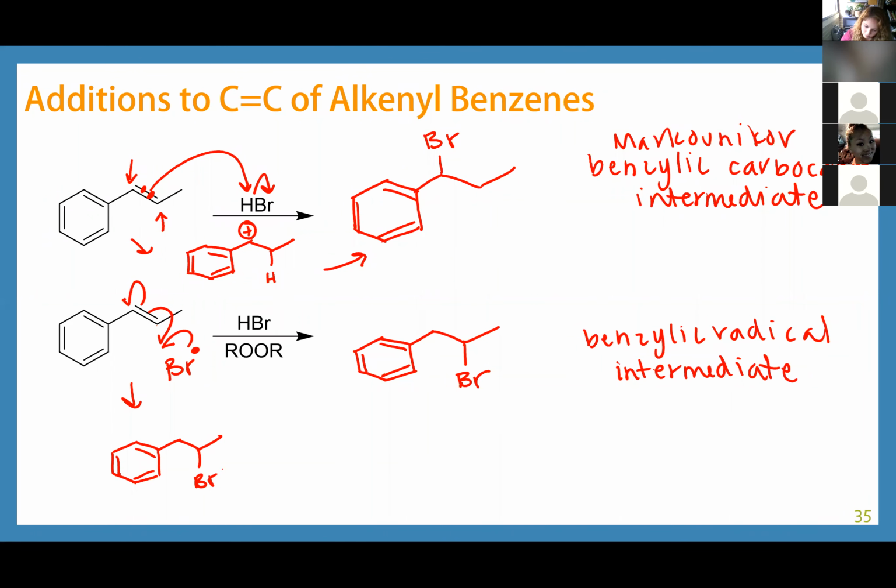So we end up with our bond to bromine and a benzylic radical. And then we terminate with hydrogen later. But this is the important intermediate.